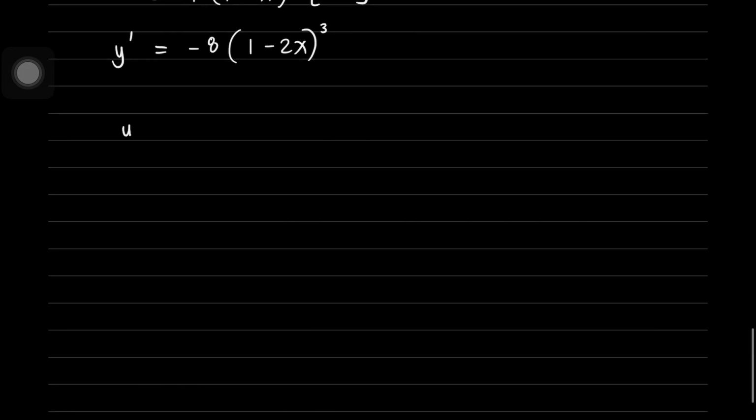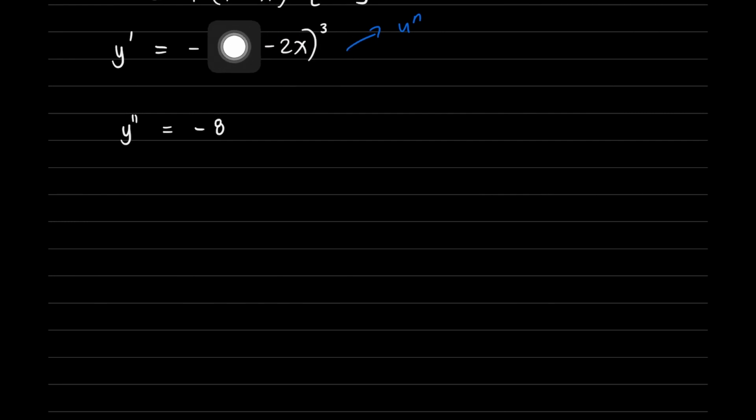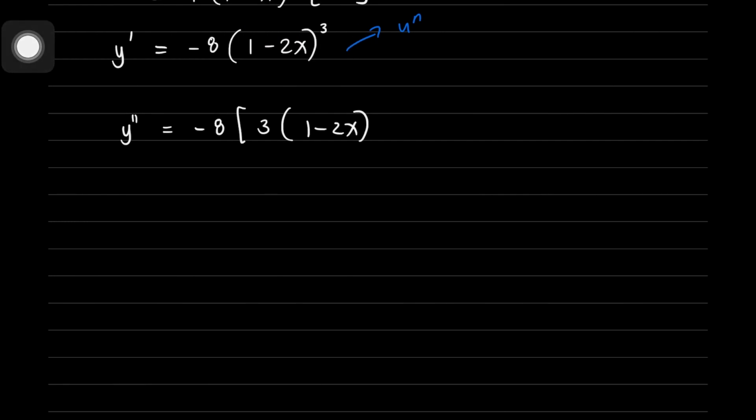Now, for the second derivative, this is now equal to the derivative of the first derivative. So, this would be negative 8. This is still in the form of u raised to n. So, if it is still in the form of u raised to n, therefore, the derivative of this one would now be 3 multiplied by 1 minus 2x raised to 2 multiplied by the derivative with respect to x of 1 minus 2x.